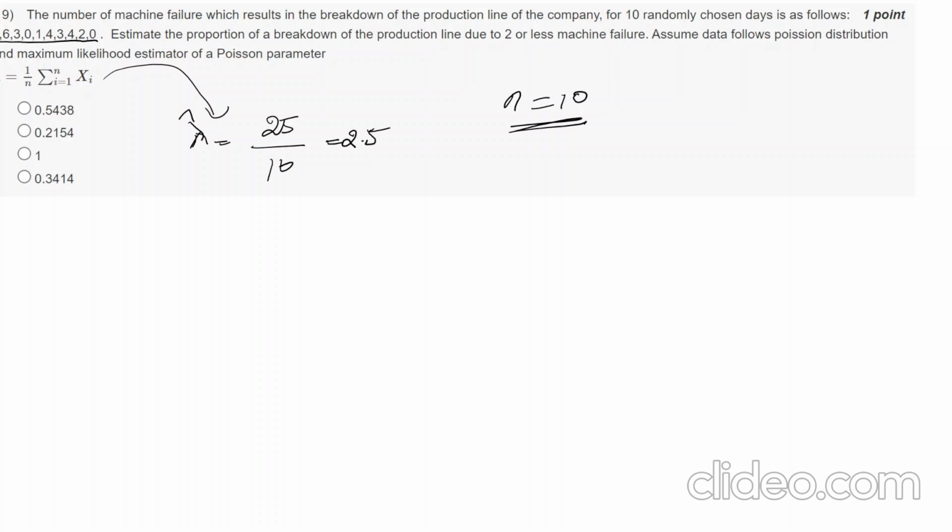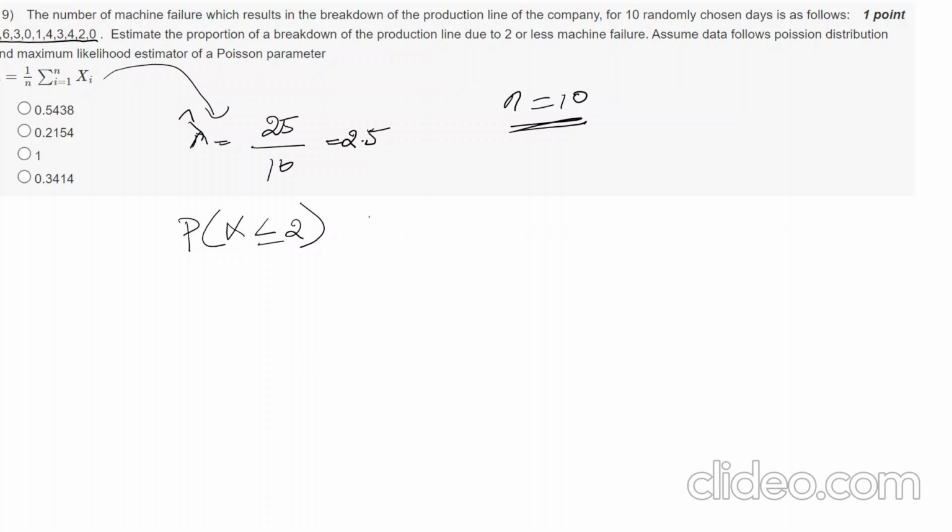So the maximum likelihood estimator for the Poisson parameter is 2.5, and now using that, what we have to find is the probability of failure x less than or equal to 2. So lambda is 2.5.